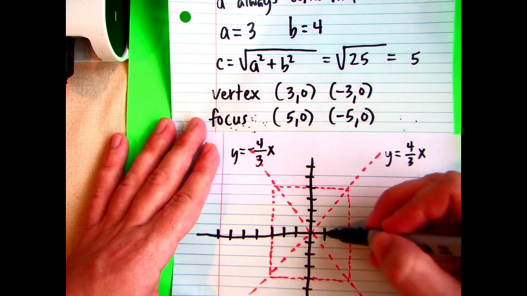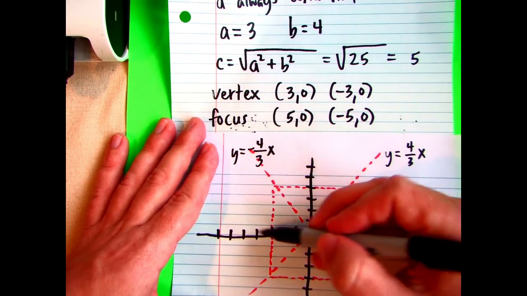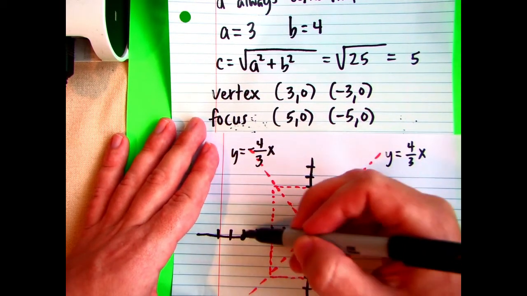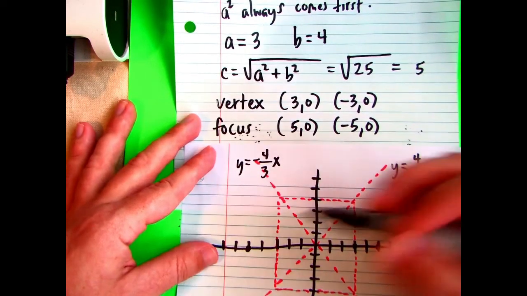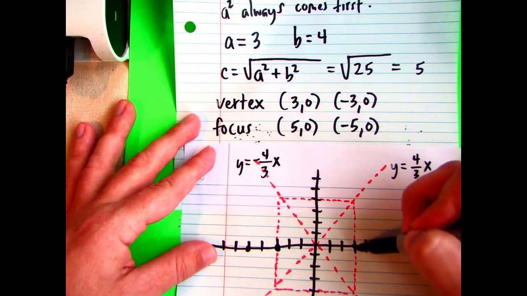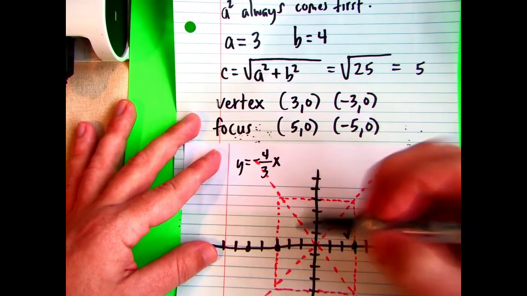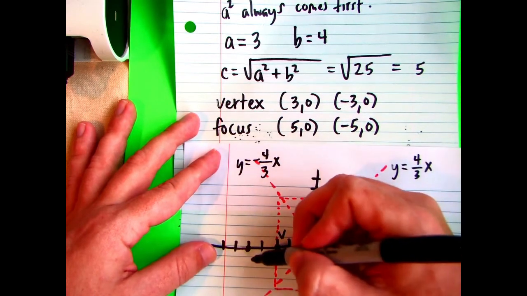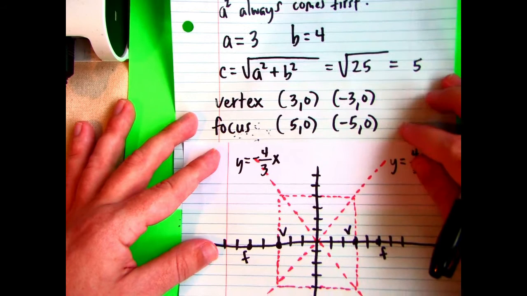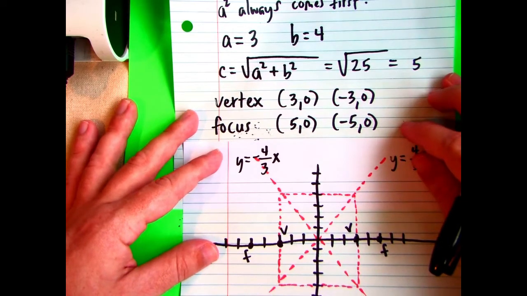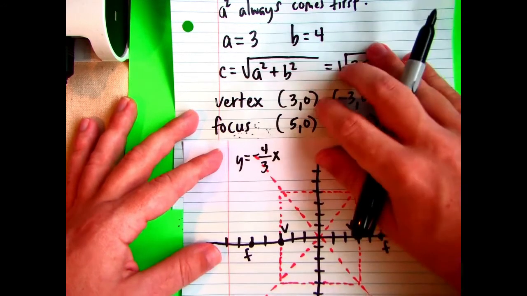I should be able to also plot my foci and my vertices, because I know those coordinates, right? So I'm just going to label mine with a V and an F for vertices and foci. The last thing we've got to do is just draw in this hyperbola.